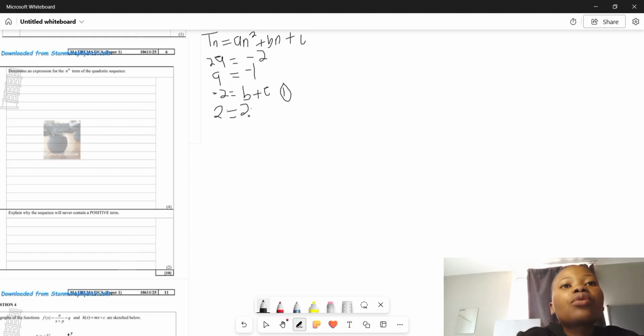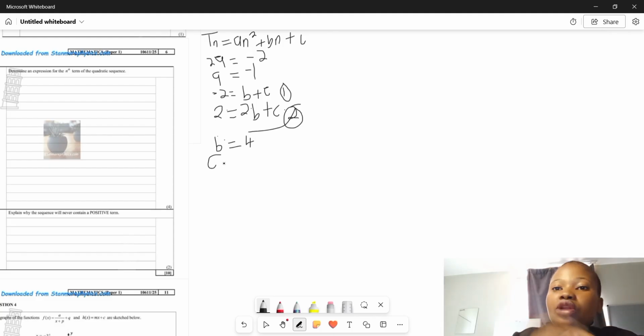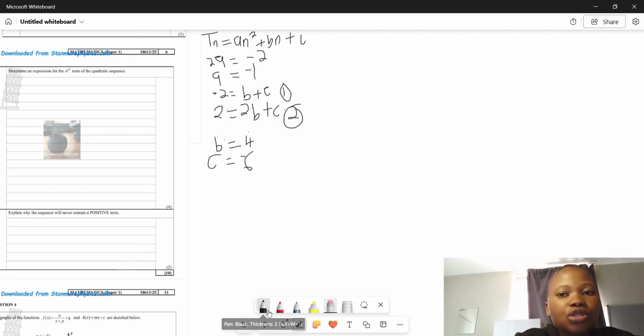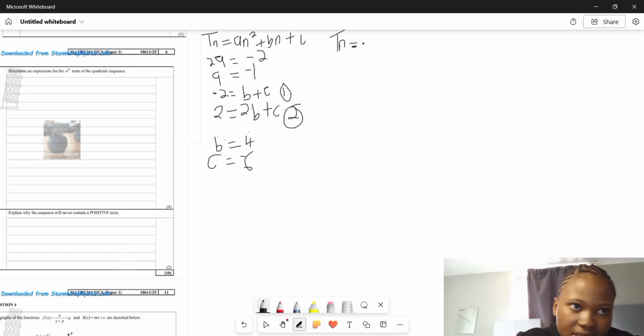So now we are going to merge them in order to find b. So b is equal to 4, and then the value of c. Right now we're going to substitute that b into the original equation that we found. Then we have our standard equation, which is Tn equals -n squared plus 4n minus 6.